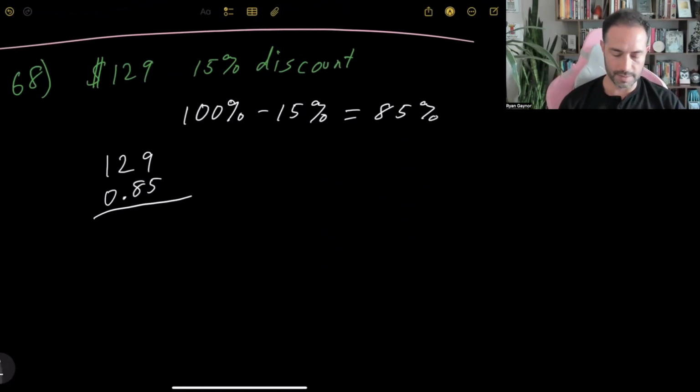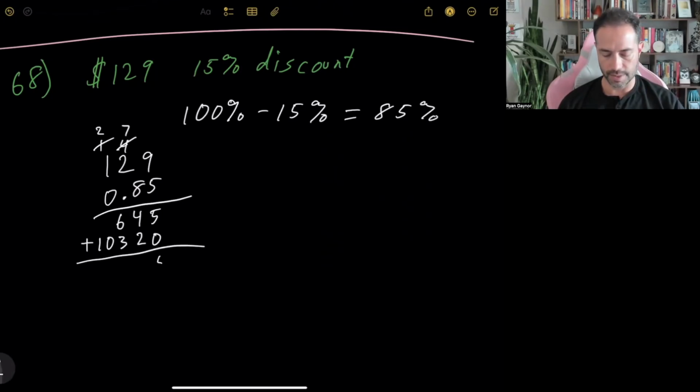So we got 5 times 9, that's 45. 5 times 2 is 10, plus 4 is 14, carry the 1. 5 times 1 plus 1 is 6. Bring down a 0. We already used those. 8 times 9 is 72. 8 times 2 is 16, plus 7 is 23. And then 8 times 1 is 8, plus 2 is 10.